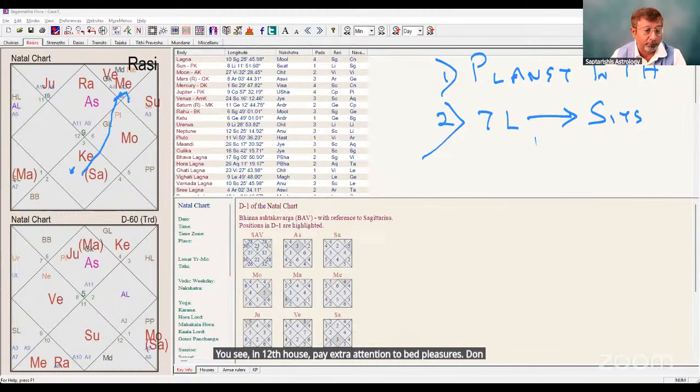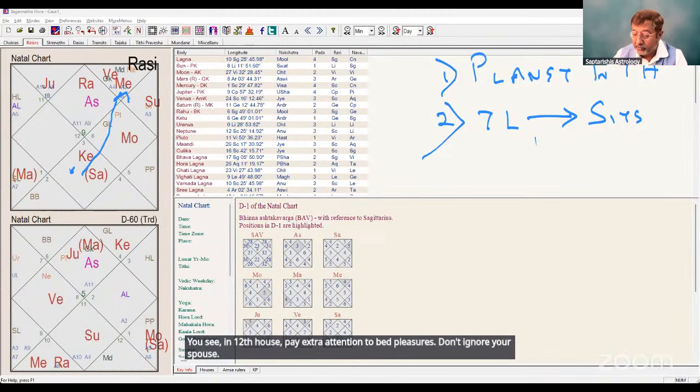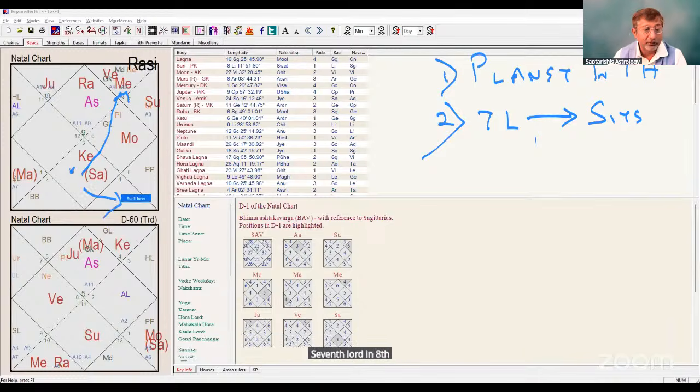Don't ignore your spouse. Seventh lord in the 8th house, in-laws will interfere if it is a malefic. Seventh lord in the 10th house, mother-in-law will interfere. Seventh lord in the 9th house, sister-in-law, brother-in-law will interfere.